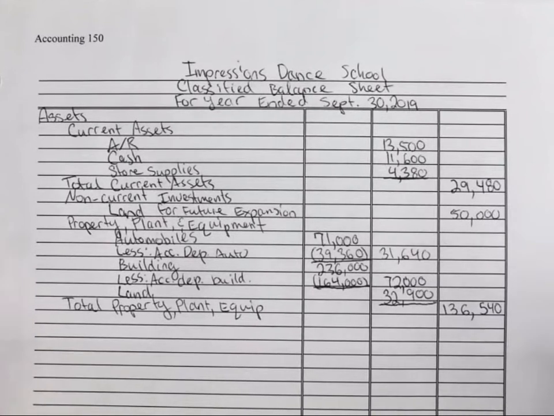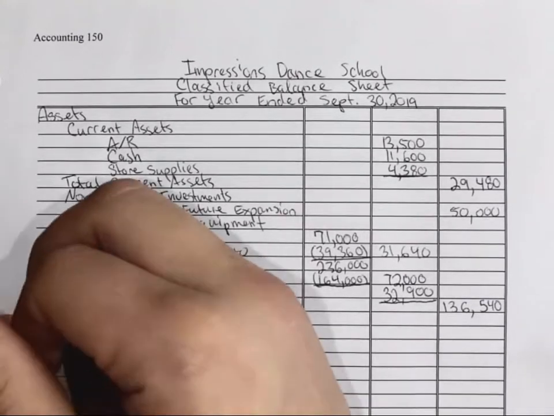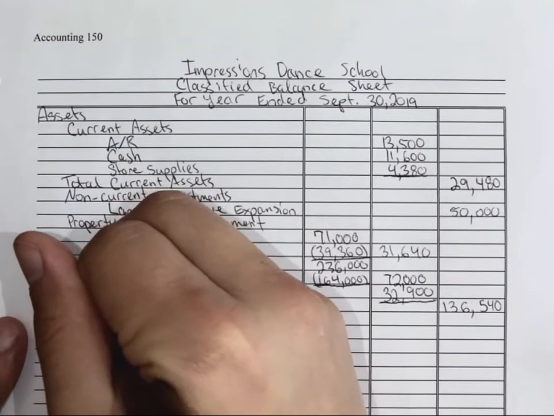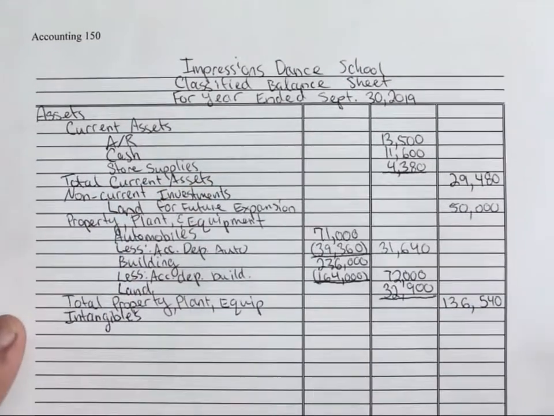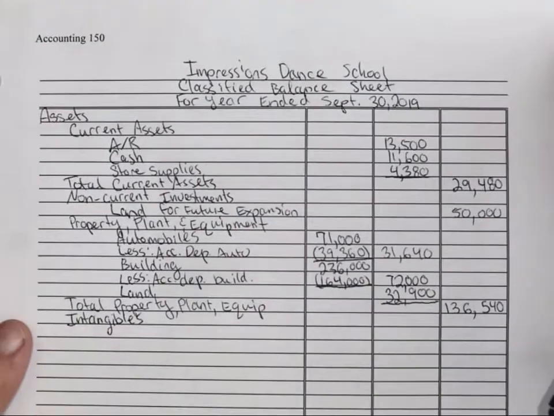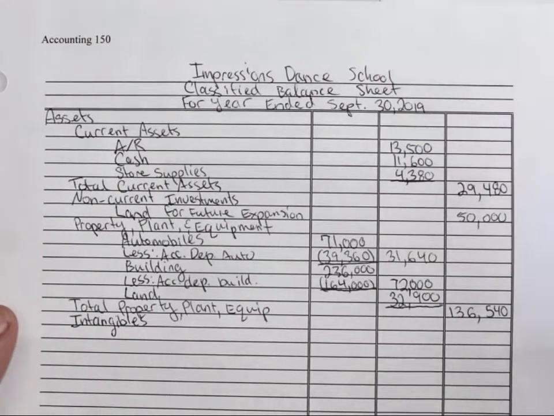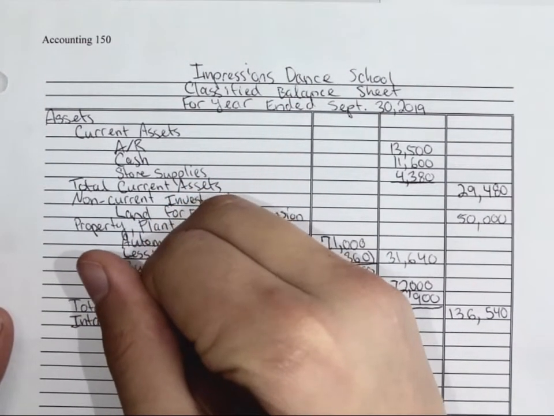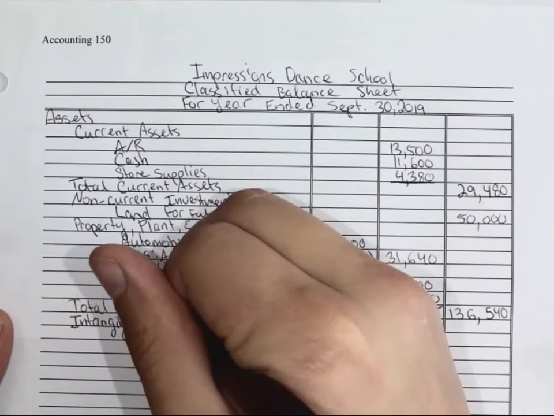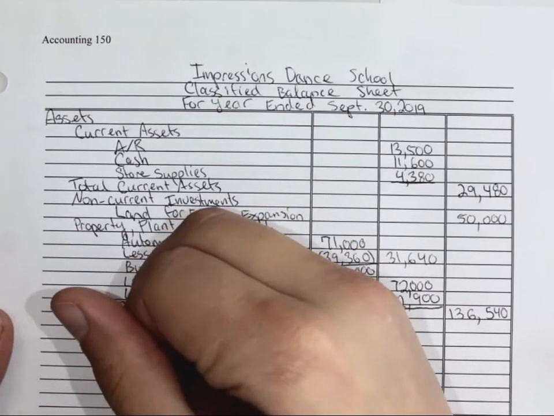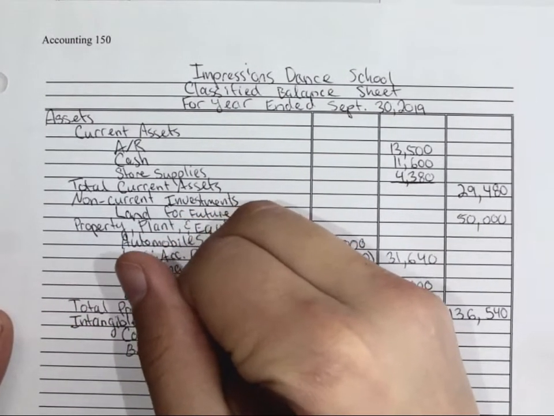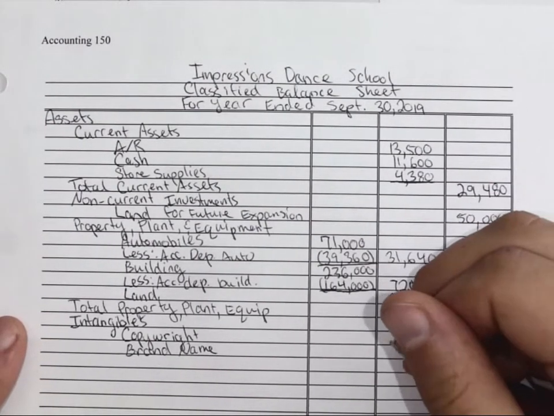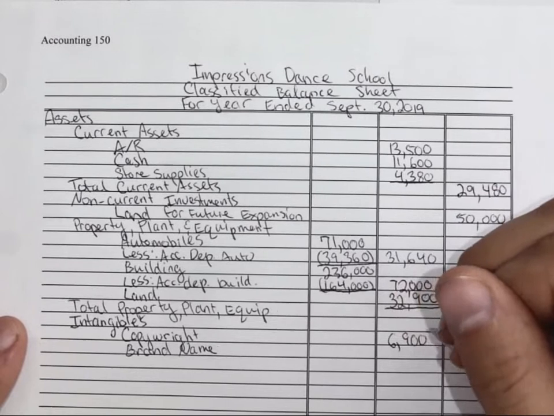Excellent. What is our final category? Intangible assets. And these will be our remaining assets. First one is copyright. That's right. $6,900. 8,800.